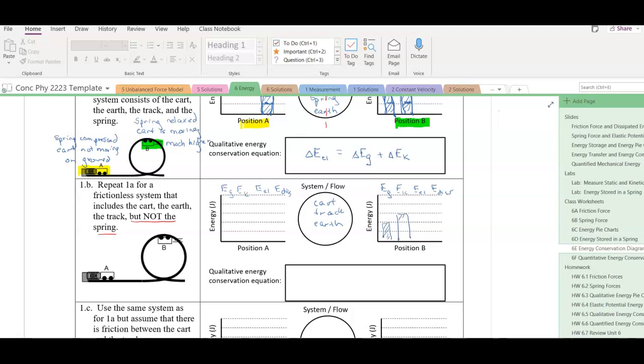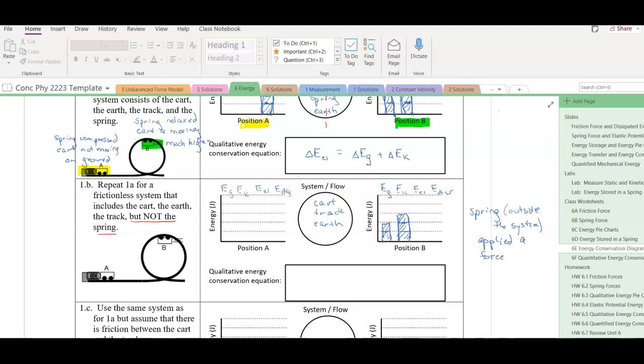The cart is at the top of the loop-de-loop, and it is moving. And so I have these 5 blocks of energy in the system that weren't there at position A. Where did they come from? They came from the spring, which is now outside the system, applying a force to the cart.